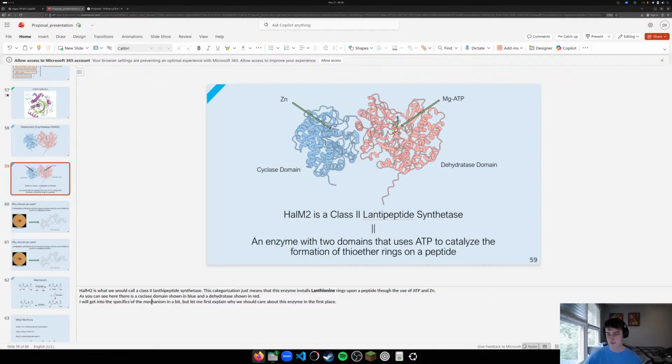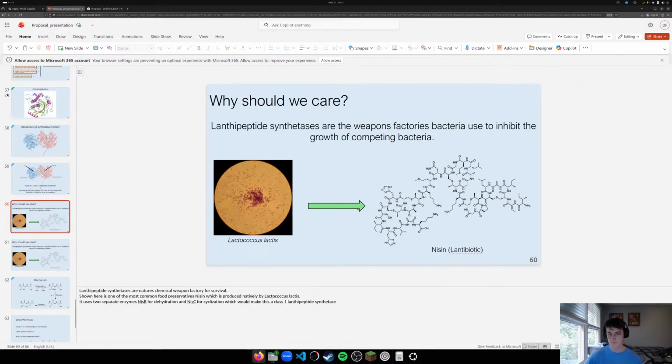I will get into the specifics of the mechanism in a bit, but let me first explain why we should care about this enzyme in the first place. Lanthipeptide synthetases are nature's chemical weapon factory for survival. Shown here is one of the most common food preservatives, nisin, which is produced natively by Lactococcus lactis. It uses two separate enzymes, NisB for dehydration and NisC for cyclization, which would make this a class 1 lanthipeptide synthetase.